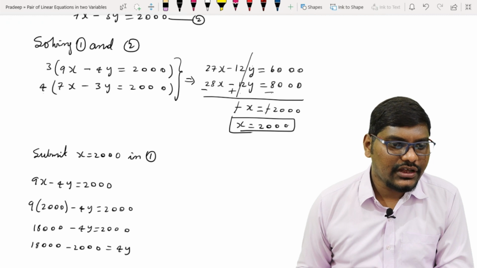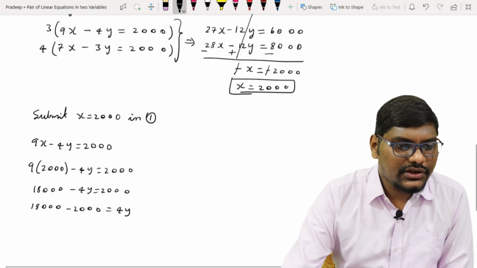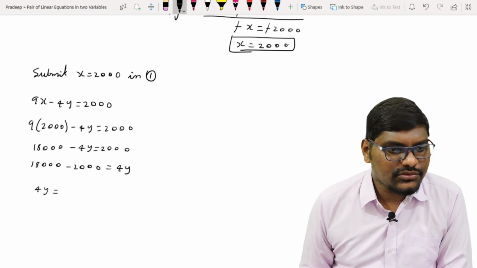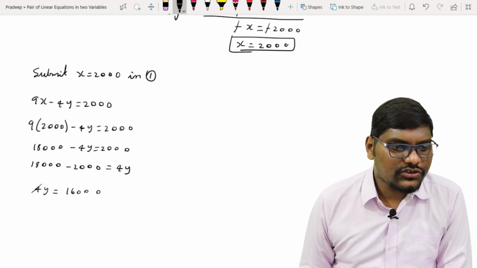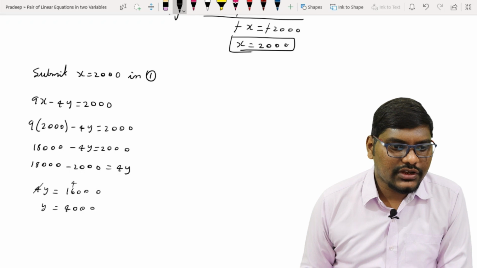This I am sending this side and this I am sending to the other side. So now we can write 4y equal to 18 minus 2, that is 16,000. In the 4 table we get 16, right? 4 4s are 16, so y equal to 4000.